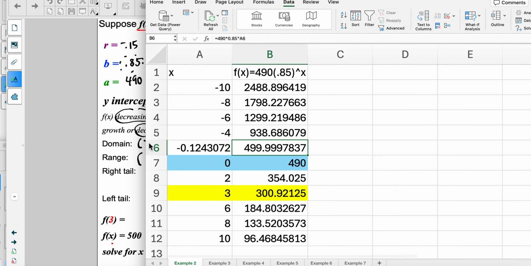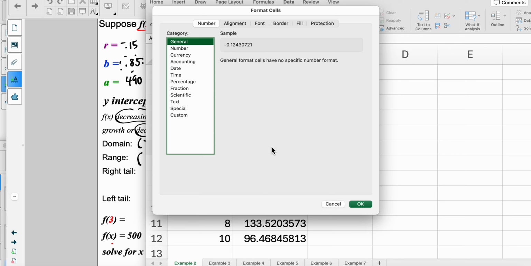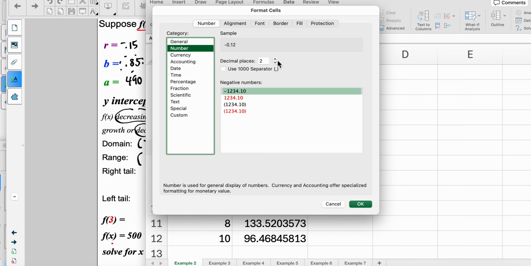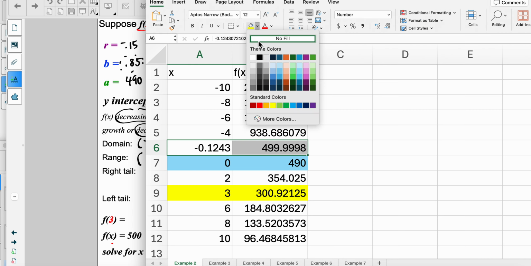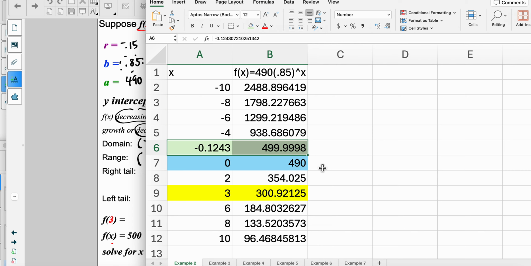So I solve, and I'm going to round this to 4 decimal places. I can see here that when x equals negative 0.1243, my y equals 499.